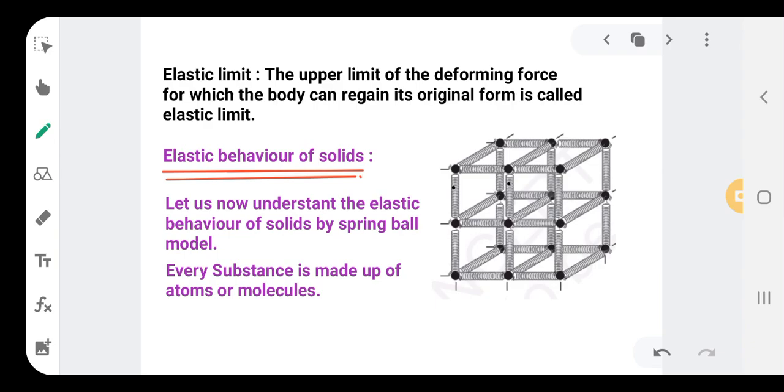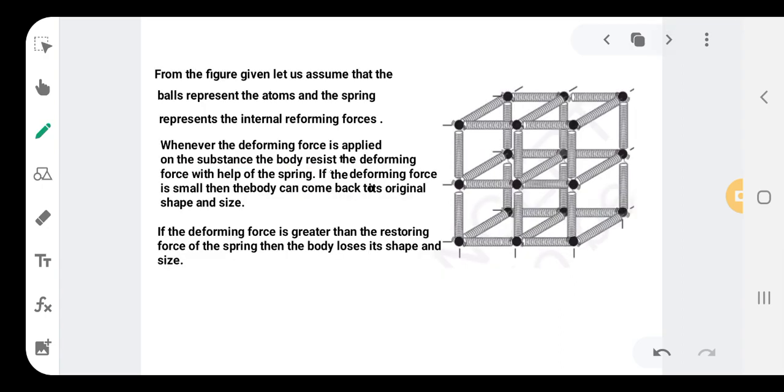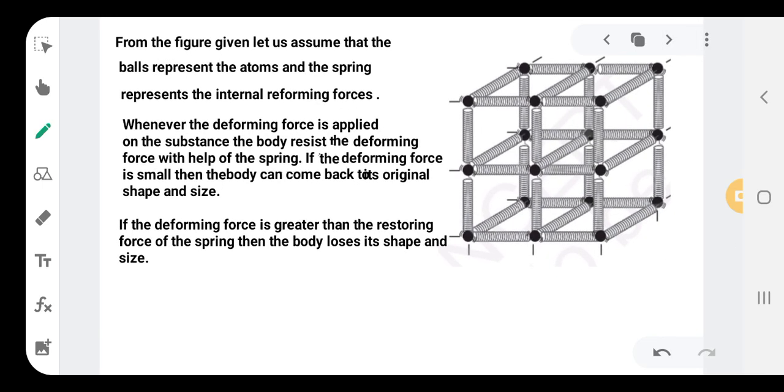Every substance is made up of atoms or molecules. So all the substance in the universe is made up of atoms or molecules. From the given figure, let us assume that the balls represent the atoms and the springs represent the internal restoring force, which connects the atoms to one another whenever a deforming force is applied on the substance.